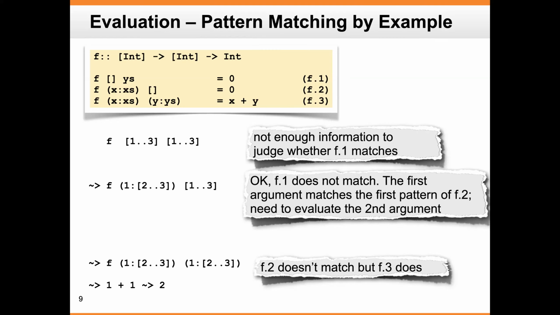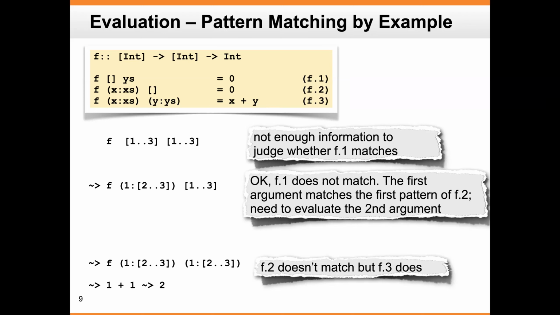I continue with the second pattern, which is executed if the first argument has at least one element, which we know is the case. But then we need to decide whether the second list is also empty. And for this, we need to decompose it into the first element and the rest of the list. Again, we can do so.